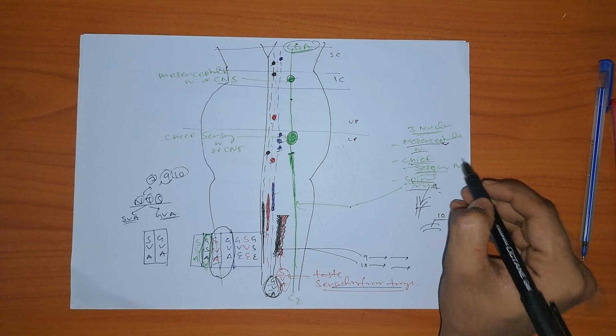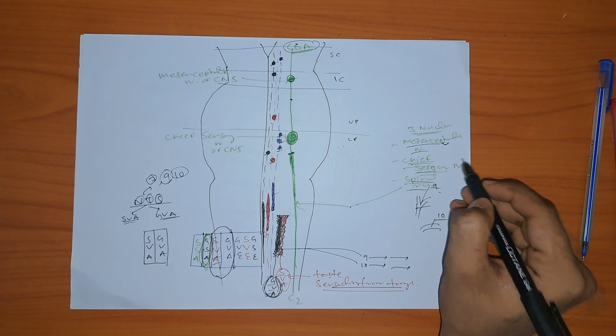So now we have the cochlear nuclei. We have 2 cochlear nuclei here: one is the dorsal cochlear nucleus and another is the ventral cochlear nucleus.